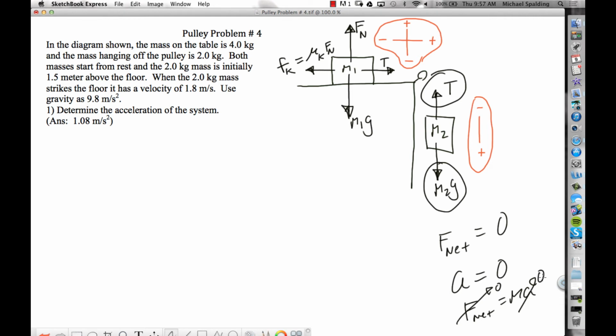One of two things. If these two forces were equal to each other, M2 would be either at rest or moving with a constant speed.